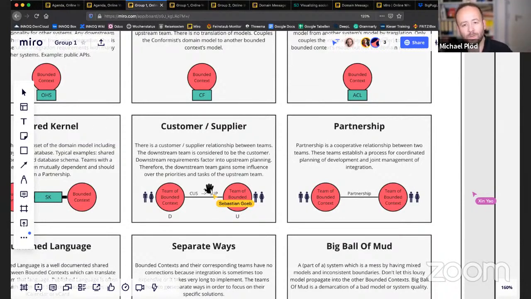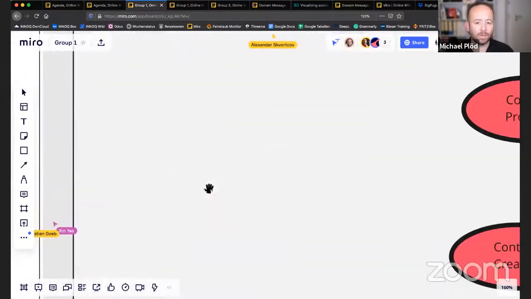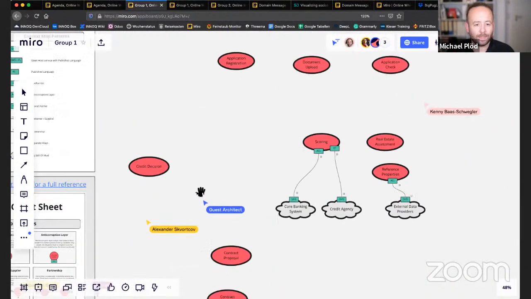However, in some circumstances, it may be interesting that certain teams get an influence over the upstream. This influence should be controlled. There should be boundaries for that influence.